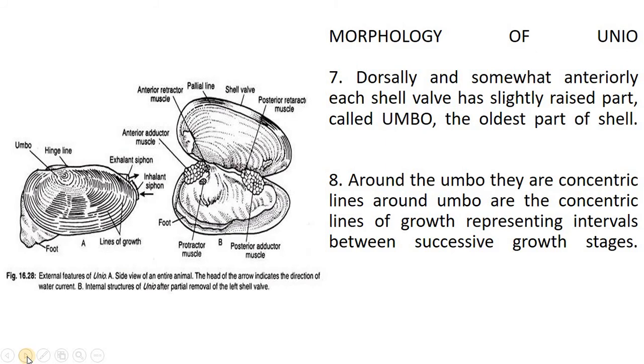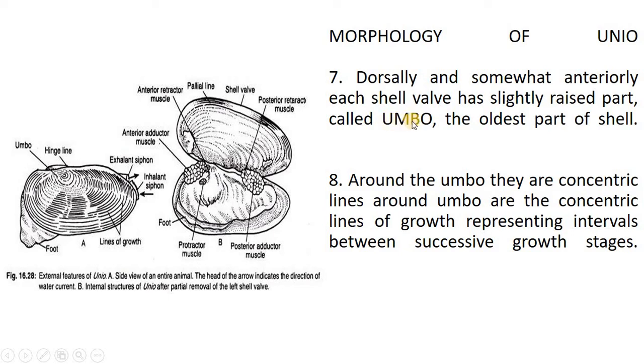Next character: dorsally, somewhat anteriorly, each shell has a slightly raised part called the umbo. This is the oldest part of the shell, the first formed, maybe in the glochidium larval stage.